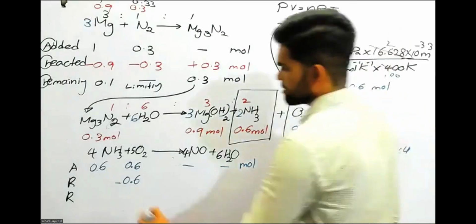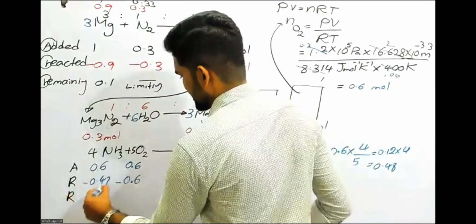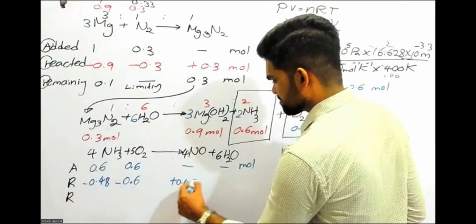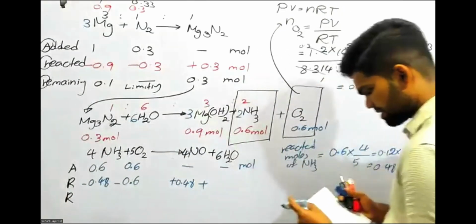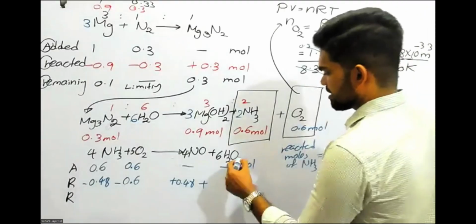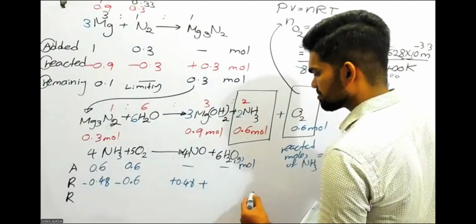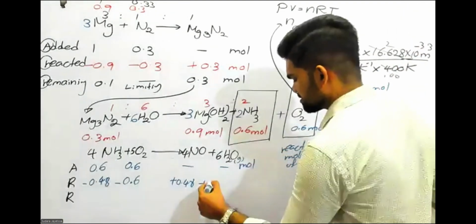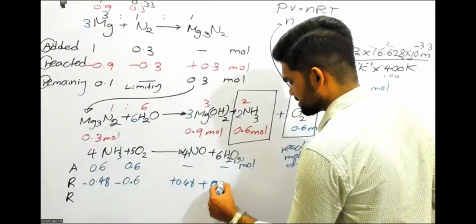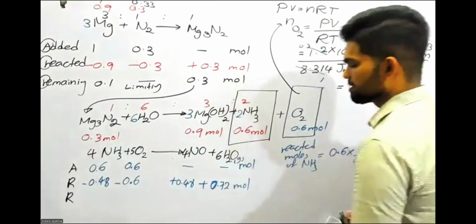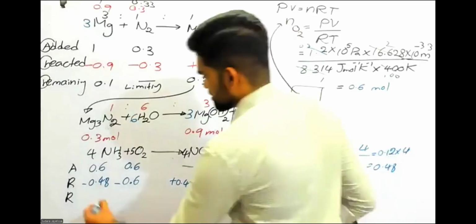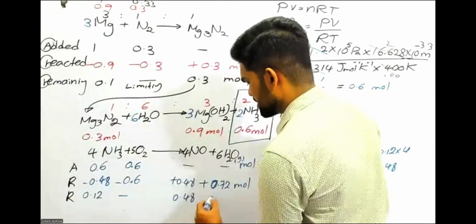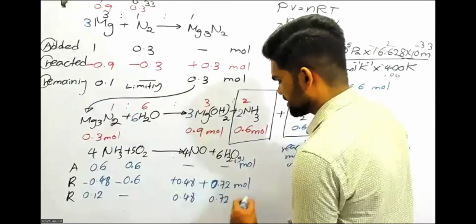So 0.48 moles has been reacted. So here we'll be having 0.48 moles. And are they all gaseous water? Yes, gaseous water. So divide by 5 and multiply by 6, 0.72 moles. So here 0.12 is remaining, here nothing remaining, here 0.48 is remaining, here 0.72 is remaining.